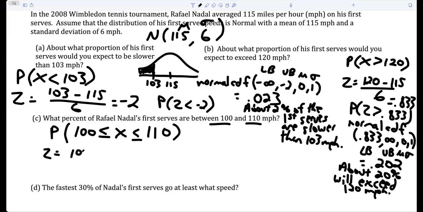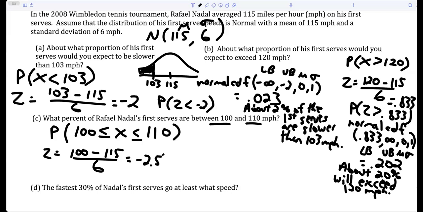So I'm going to find z-scores for both of those. We've got 100, and it's always the observation minus mu, which in this case is 115, and then we divide that by sigma. So that's going to be -15 divided by 6, which is -2.5.